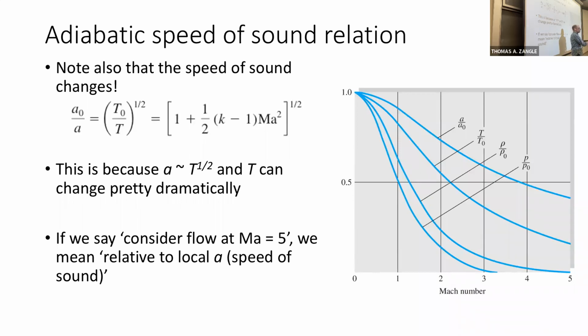But we know in external flows that the boundary layer depends on the local Reynolds number, based on distance away from the leading edge. So for our analysis of flow around an airplane or bottle, we define Reynolds number based on X, and that becomes a local flow variable.